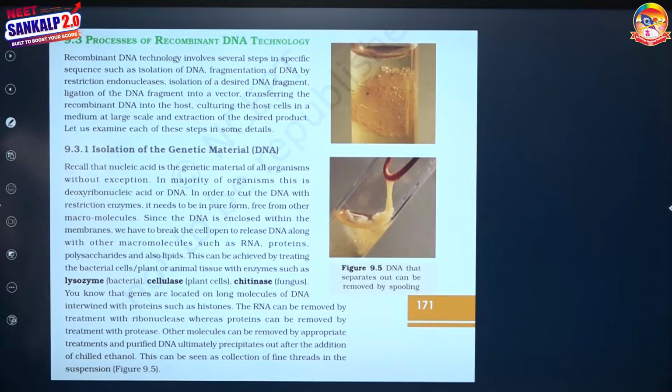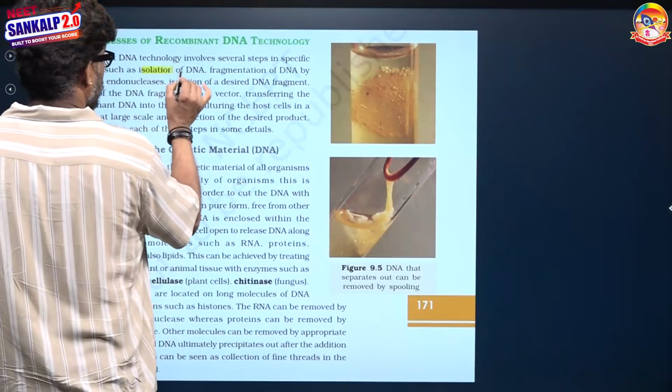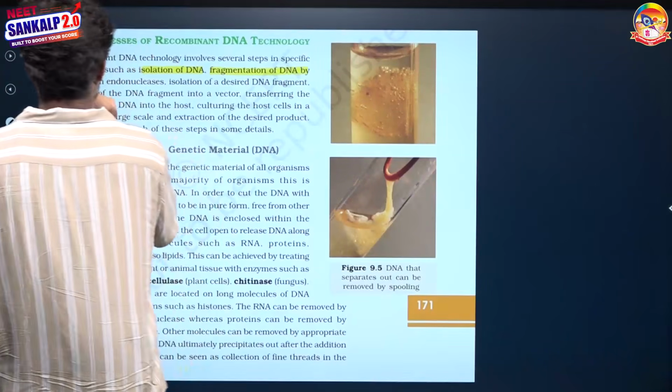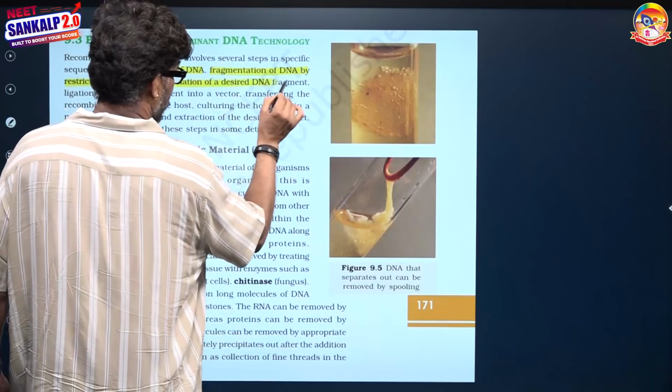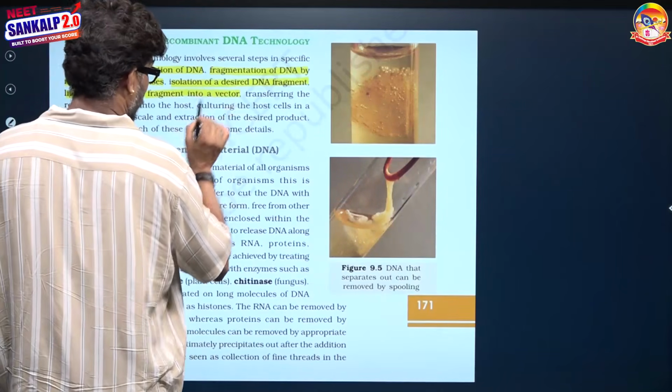Recombinant DNA technology involves several steps. Very important paragraph. First, isolation of the DNA. Number 2, fragmentation of the DNA by restriction endonuclease. Number 3, isolation of the desired DNA fragment. Number 4, ligation of the DNA fragment into the vector.